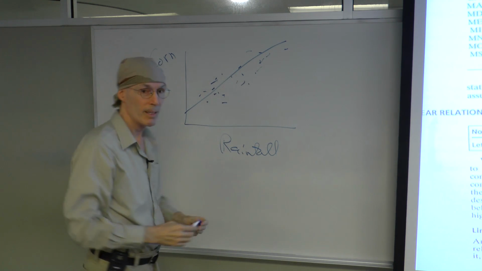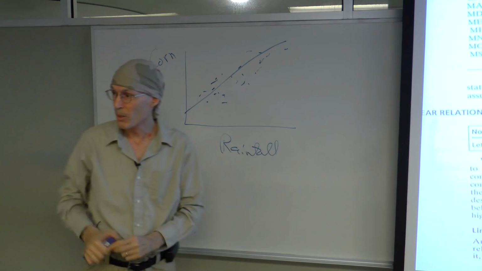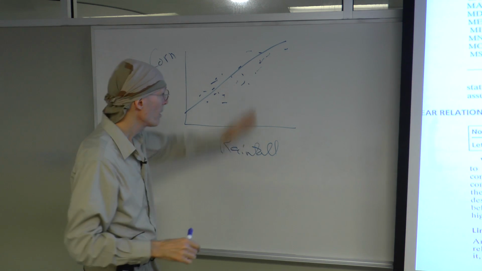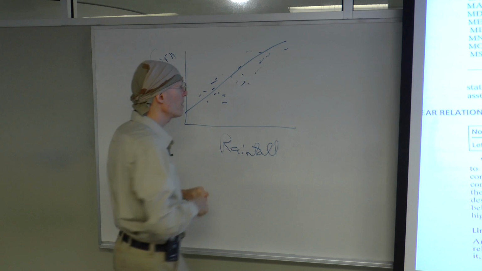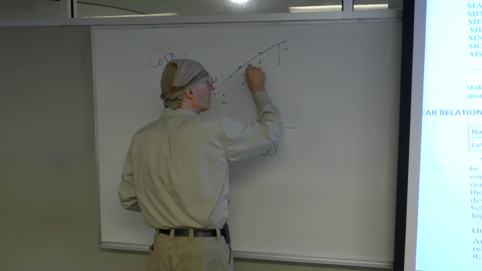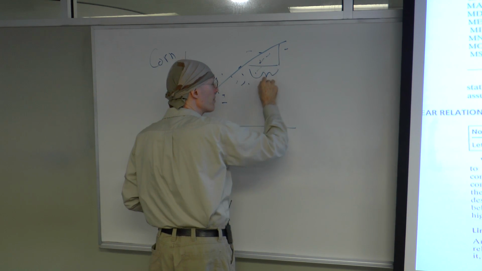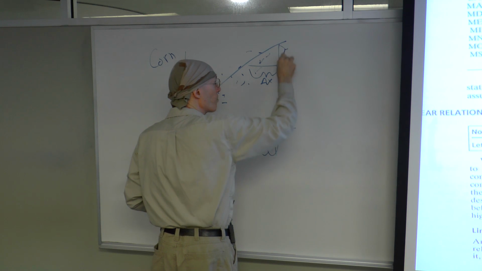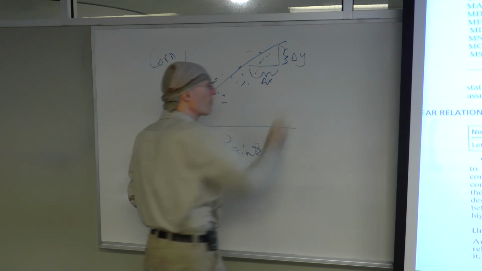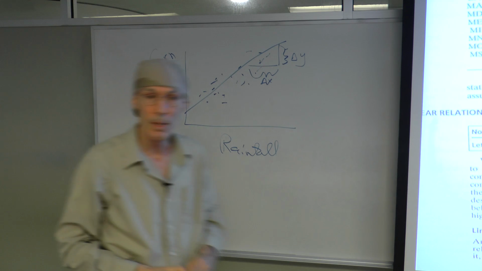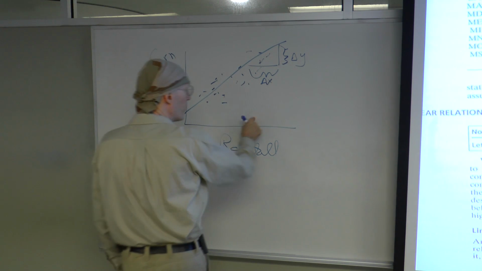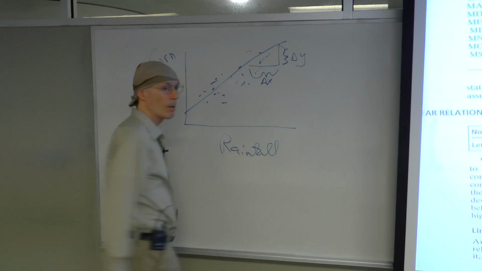And say, that's the relationship. And then they literally used to measure, with a little ruler, what the change in y is for a given change in x. Delta y, delta x. And so we knew if x goes up so much, y will go up so much.